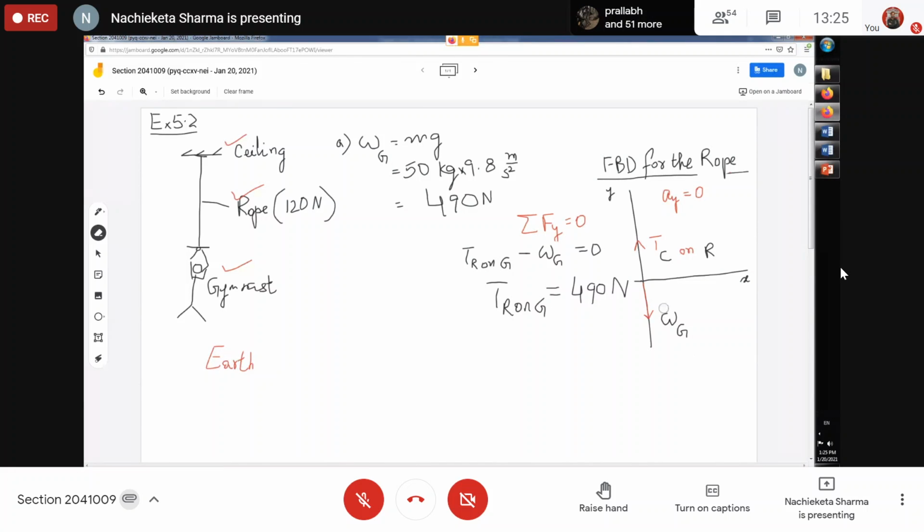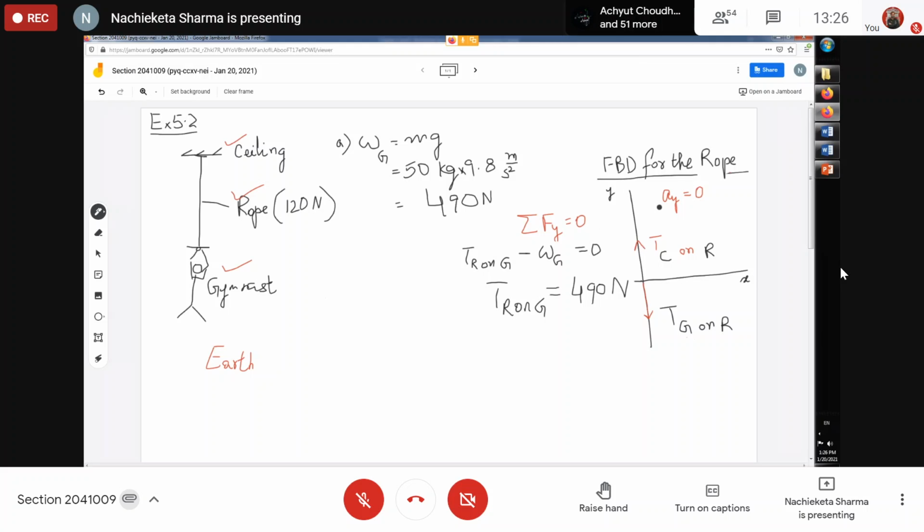Because the gymnast is also applying a force by pulling the rope, I will write it as T_G on R. In addition to that, the weight of the rope is also there.